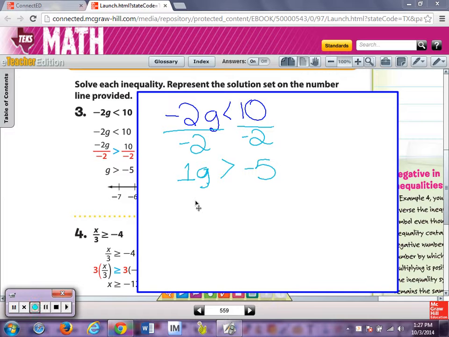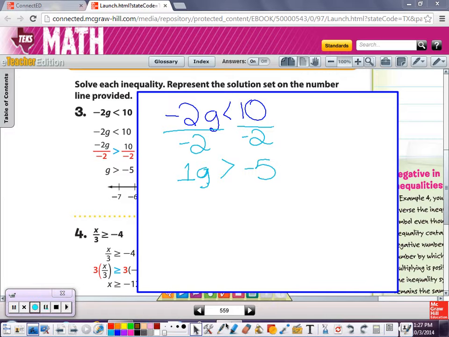So I'll finalize my answer, and what I have is just the letter g. Whoops, let me write that a little better. G is greater than negative 5. So let's see what that's telling us. Let's say, first of all, that we have our number line here.